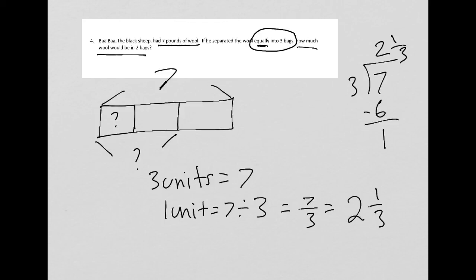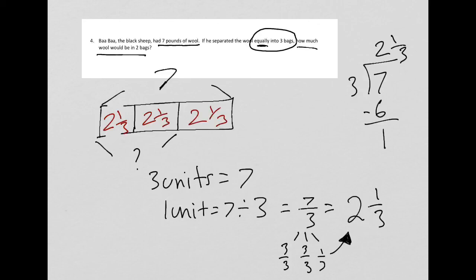You could also think about this just like we've practiced simplifying a fraction greater than 1. 7/3, I can take out 1 whole, 3/3, another whole 3/3, and I get 1/3 left over, and you'll end up with the same answer. So however you like to think about it. That means each of these bags of wool no longer is a mystery to us. It's 2 1/3.